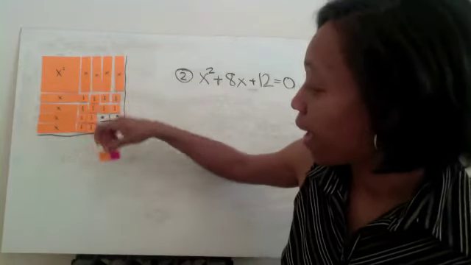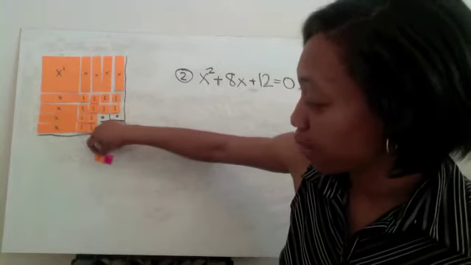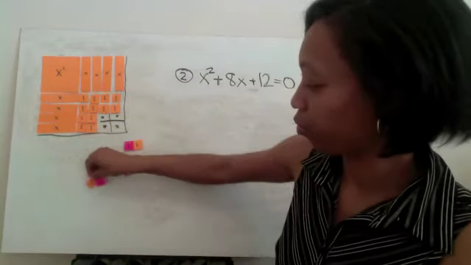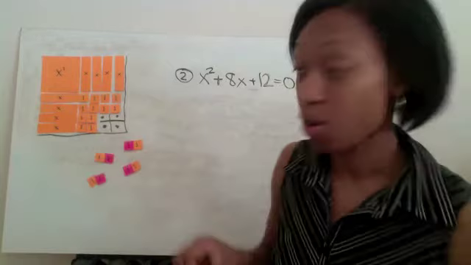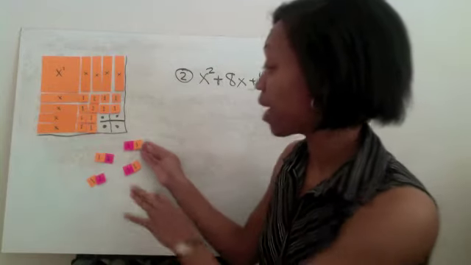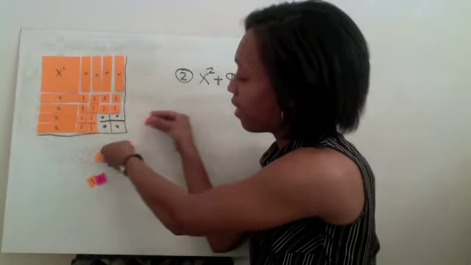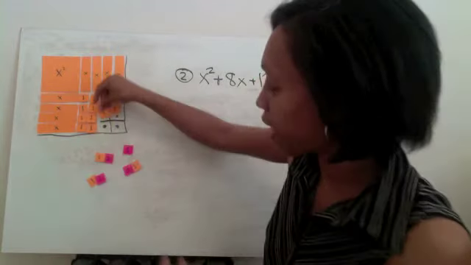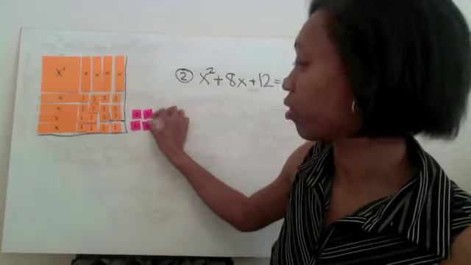So I'm going to add 1 and subtract 1 at the same time. Okay, so now I can use the positive 1's that I added and put them inside to complete my square.